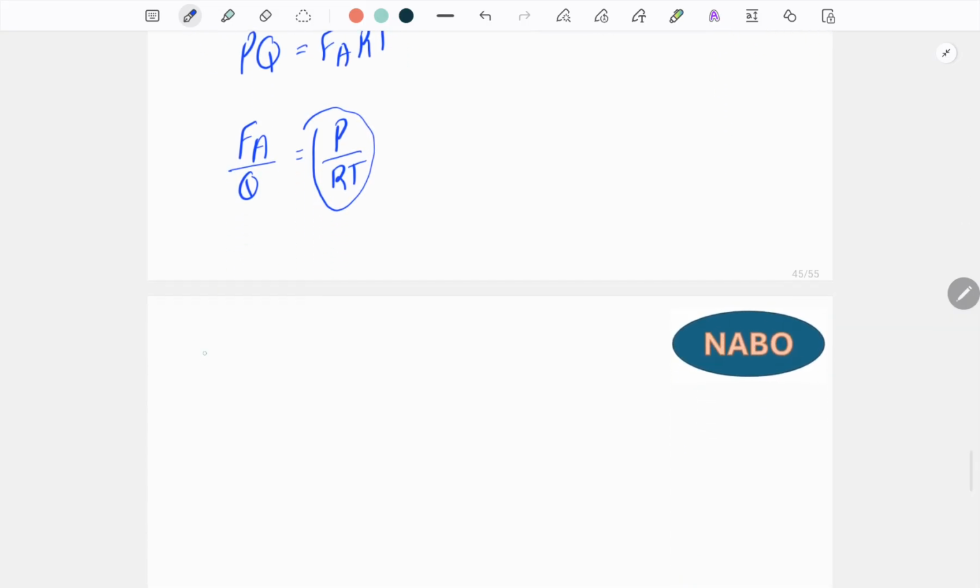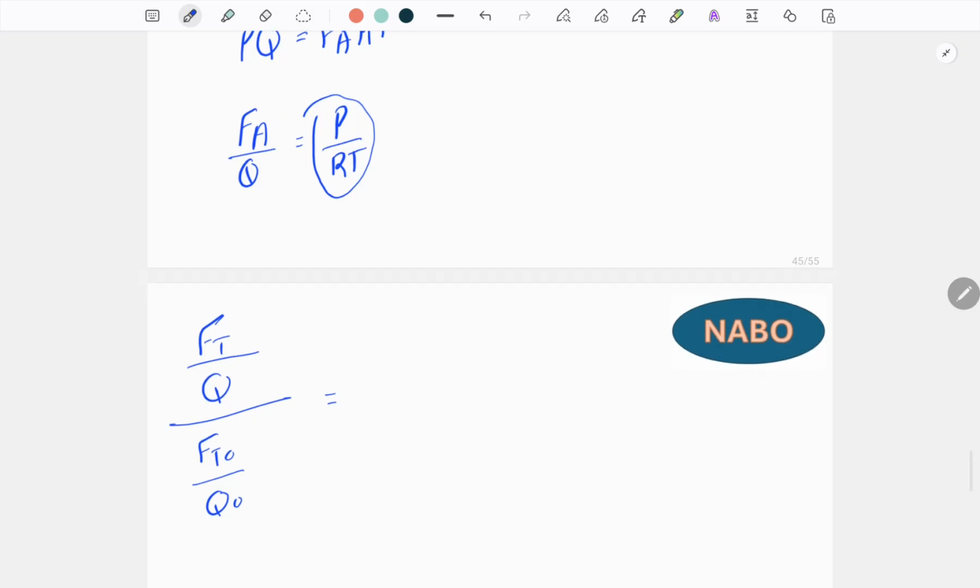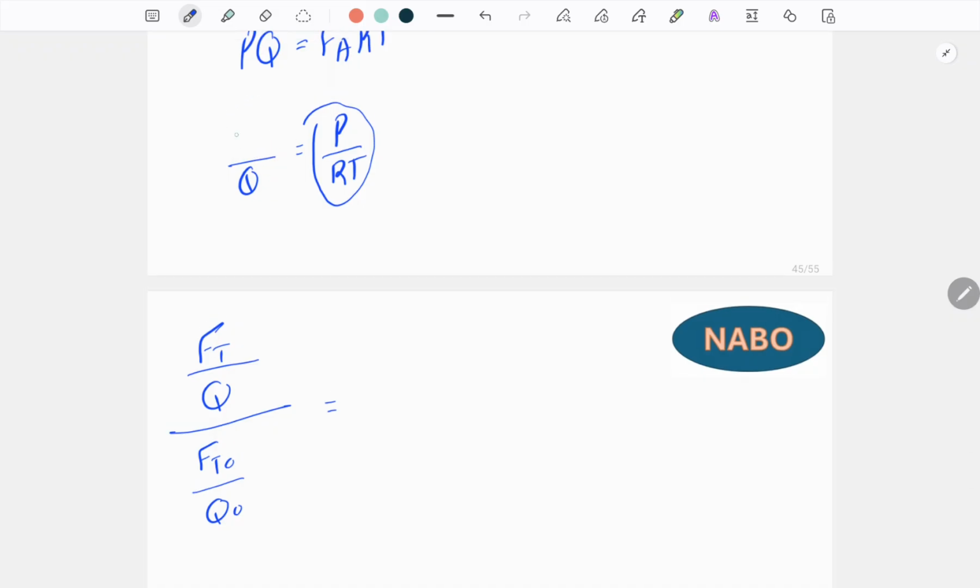Therefore, Ft over Q divided by Ft naught over Q naught will equal P over RT divided by P naught over RT naught.